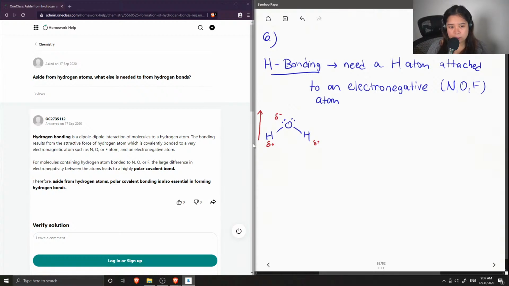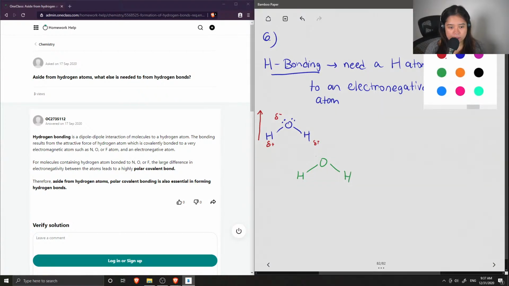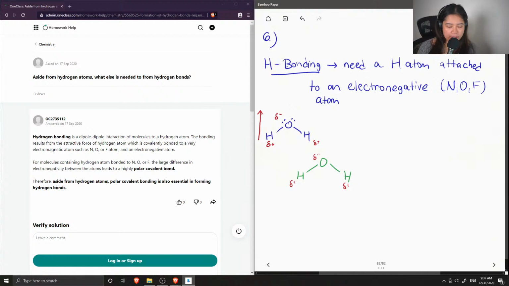So what happens with hydrogen bonding is that when we have a second water molecule, which I'll draw down here, it also has a partially negative side and a partially positive side. And hydrogen bonding is actually the attractive force that these partially charged atoms feel.